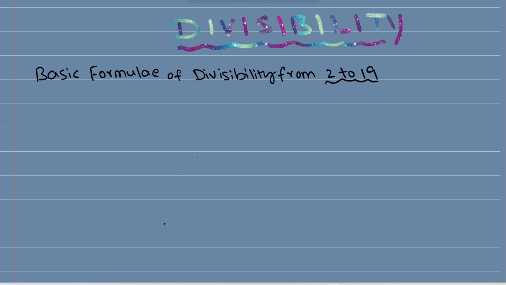I am mentioning again, 2 to 19. The first one is divisibility by 2.